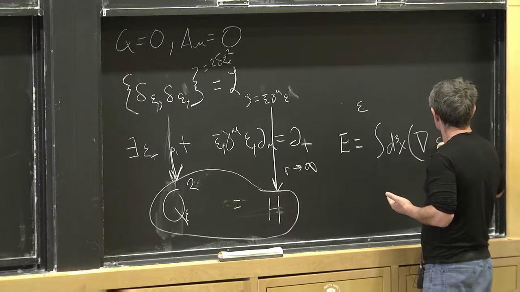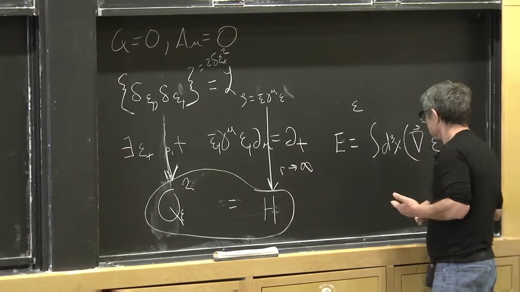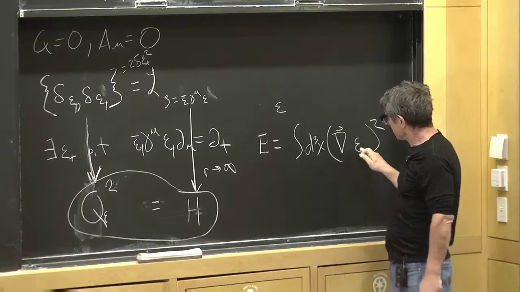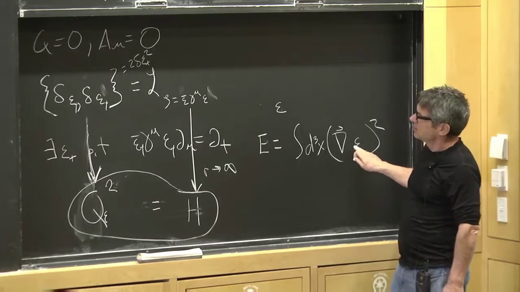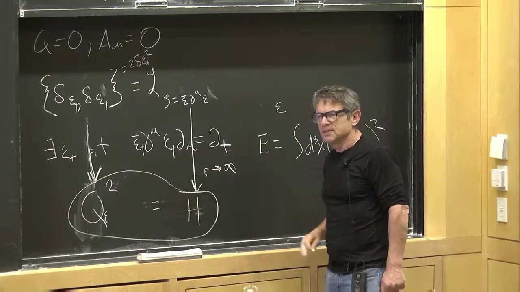It has the form, the gradient of epsilon squared, all covariant. So we just have to have a spinor who asymptotically obeys this.